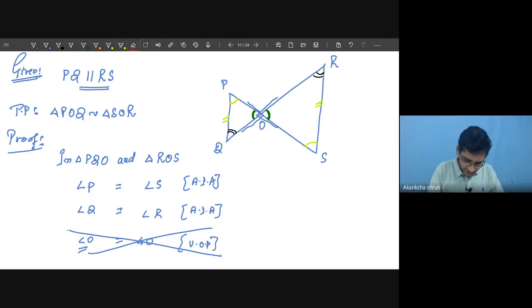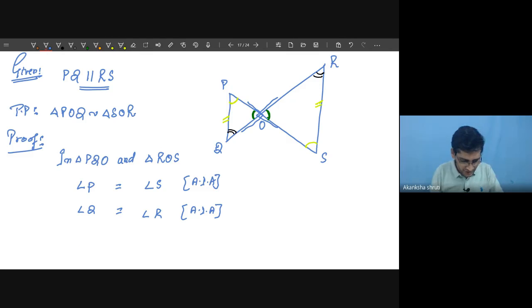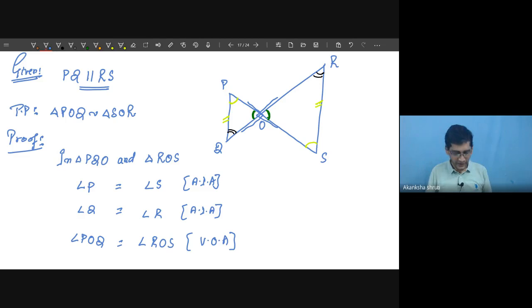So therefore, we shall write it properly for the angle at O. So write angle POQ for this triangle PQO is equals to angle ROS because of vertically opposite angle. So writing this much is very important.